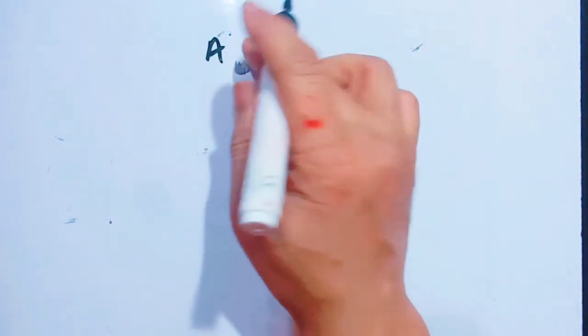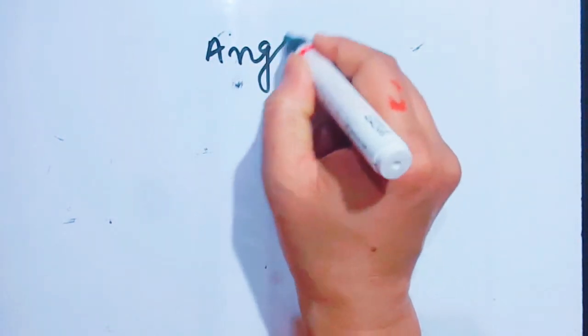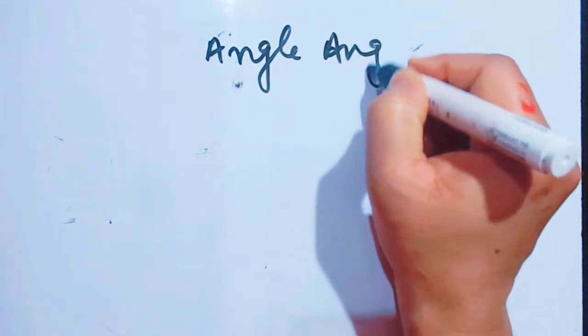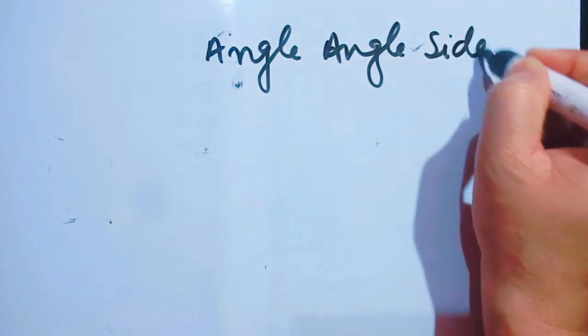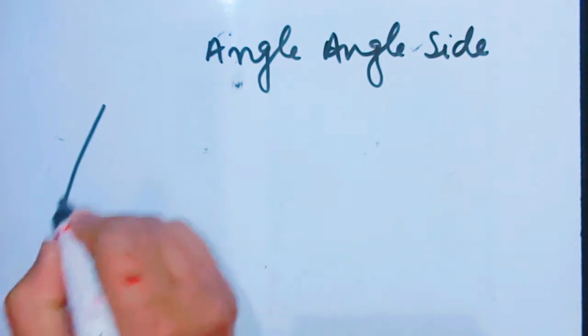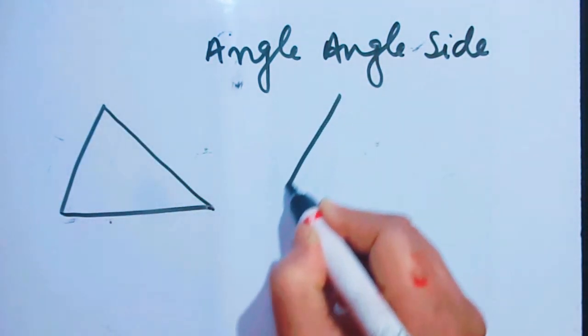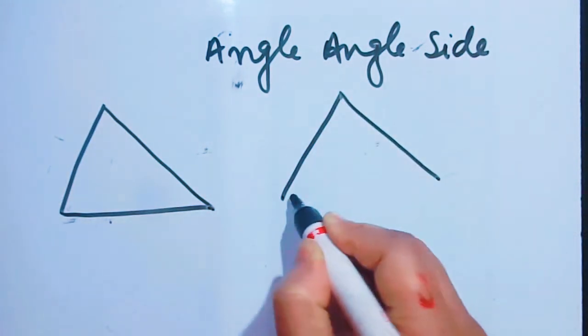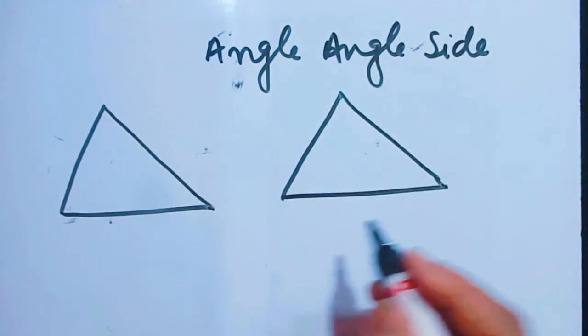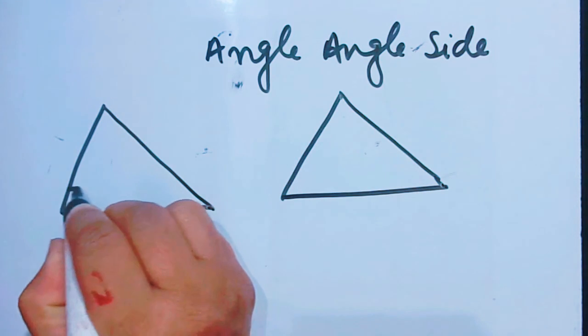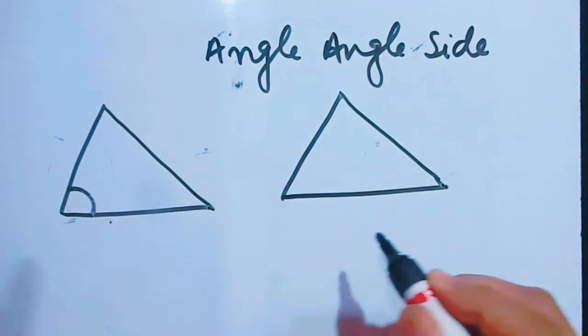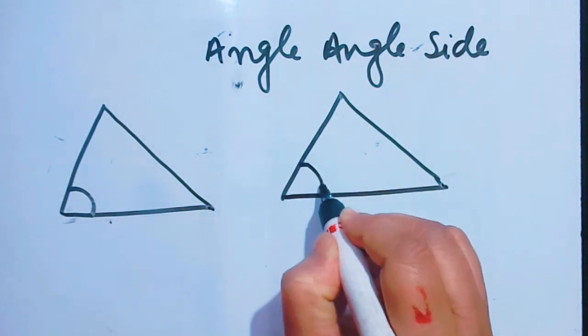Now we shall be learning that if two angles are given equal, angle, angle, side, means if two triangles are given such that two of the angles of one triangle are equal to two of the angles of the other. For example, let us take this particular angle and this particular angle.